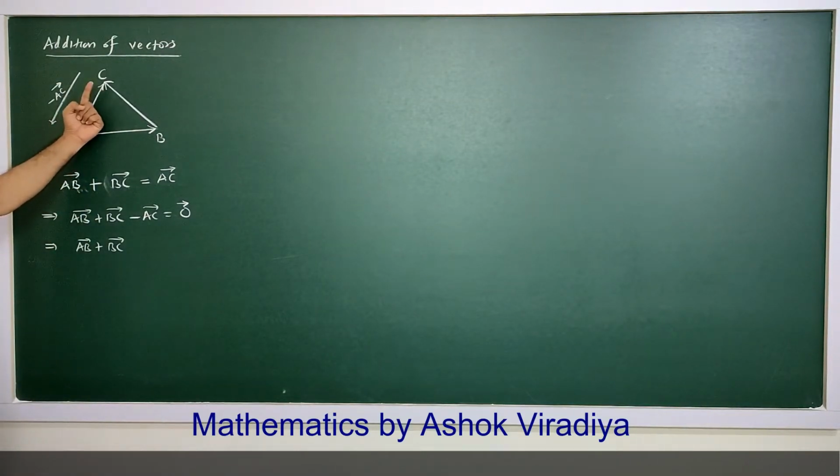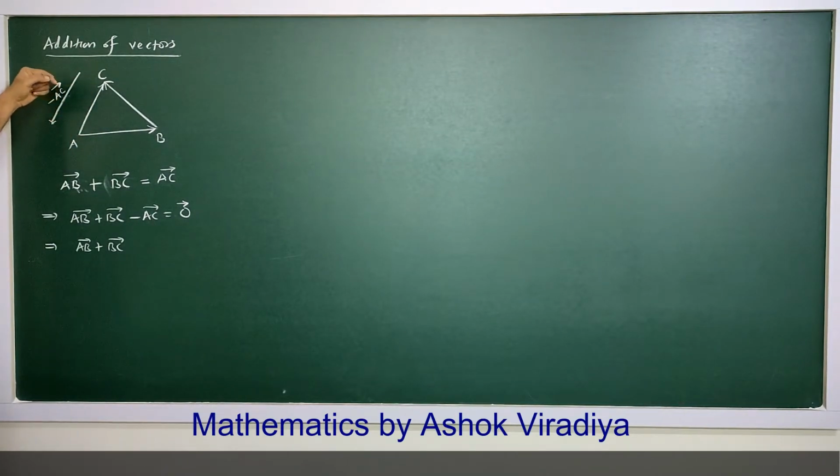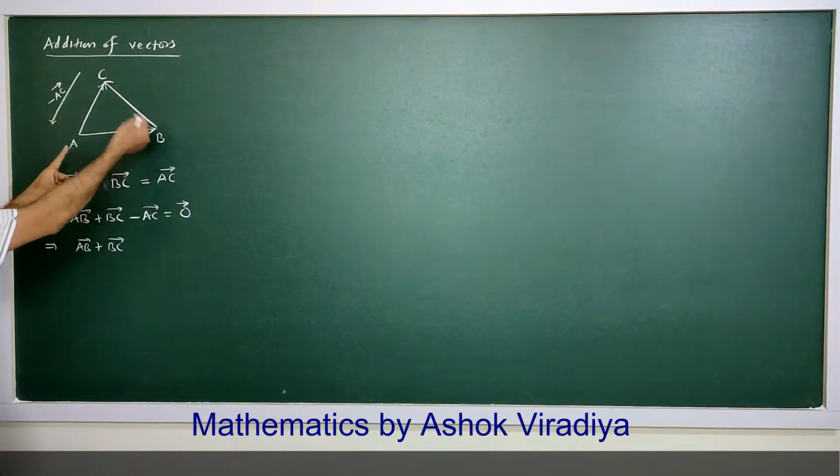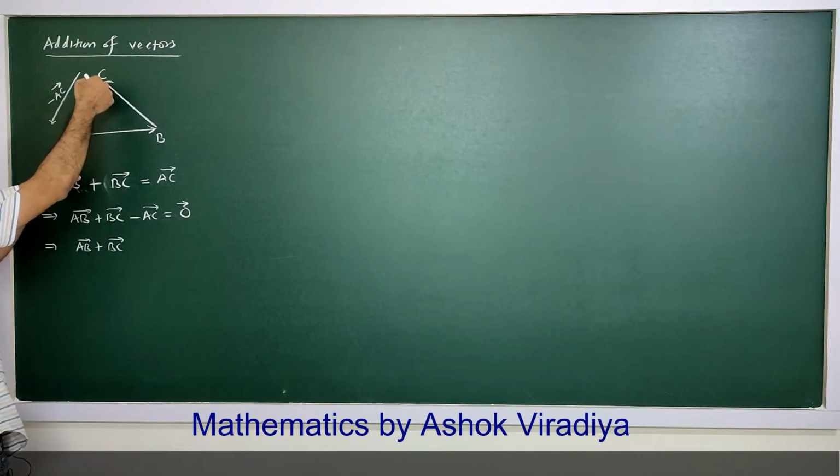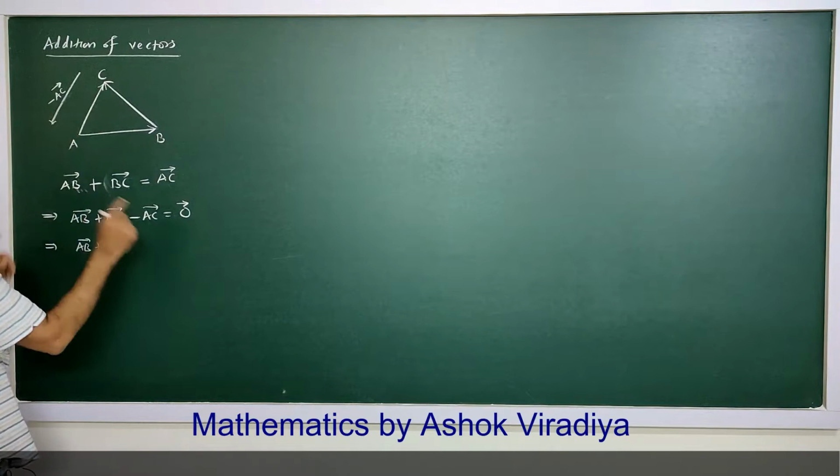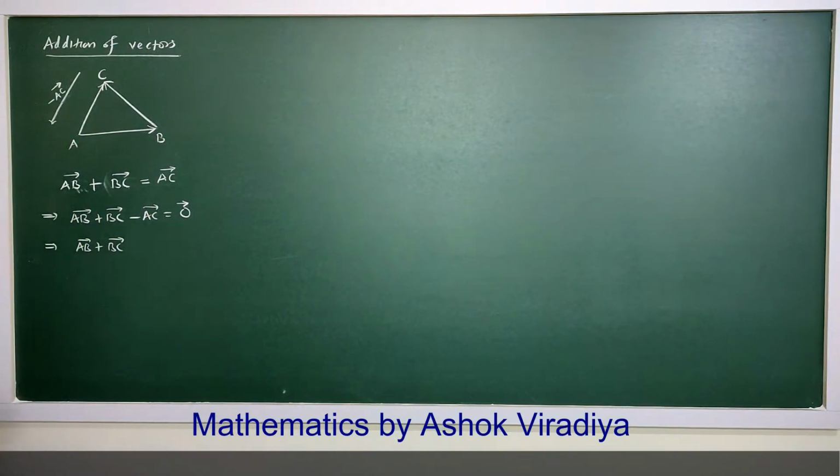This vector is AC. Without changing direction and magnitude, if we reverse the direction, we are changing direction, not magnitude. This is AC, now direction is reversed. This is minus AC. So AB plus BC plus minus AC is 0 vector.